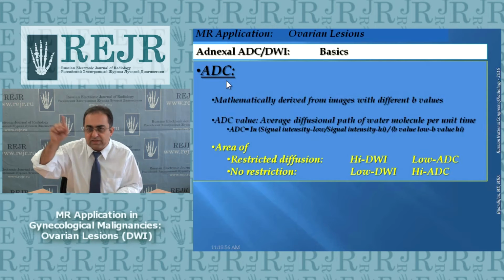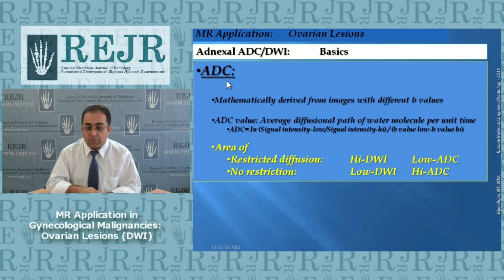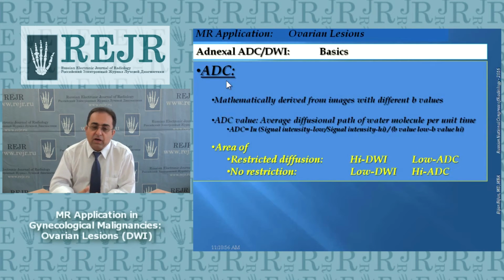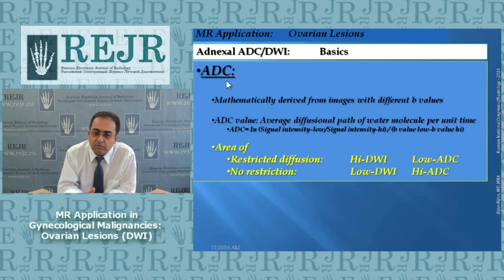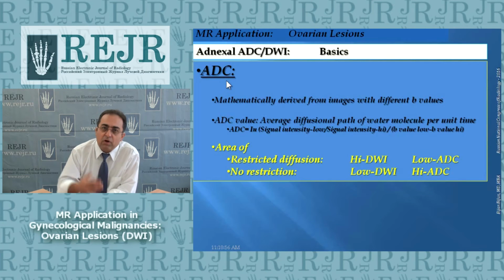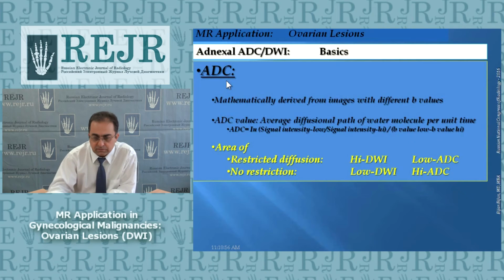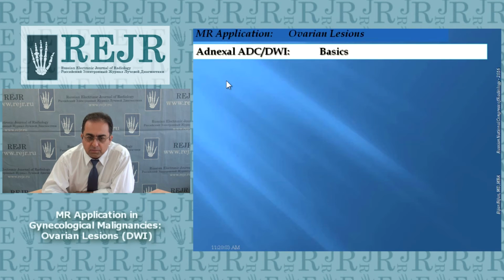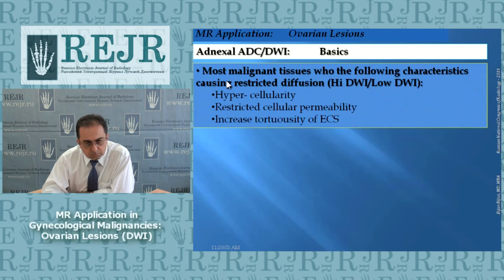We are kind of predicting where this curve is going. So in general, the cancers like this show restricted diffusion, they have high DWI and low ADC, and those that have no restriction have low DWI and high ADC. They usually go reverse. There are exceptions to that I may touch upon later on.